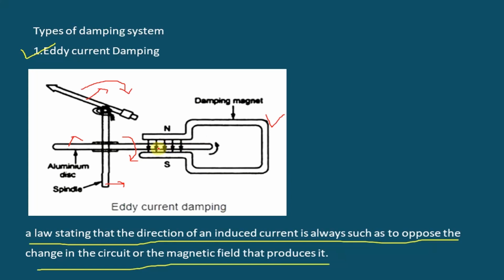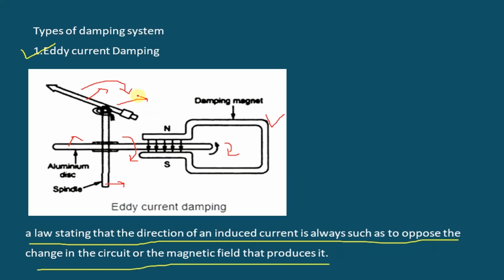Since there is a change in the flux linkage, a new current will be induced in that aluminum disc to restrict the movement. That is called the Lenz law. So the movement will be restricted. The aluminum disc is not supposed to move, so the pointer will not move in this direction. So this is called the eddy current damping system.